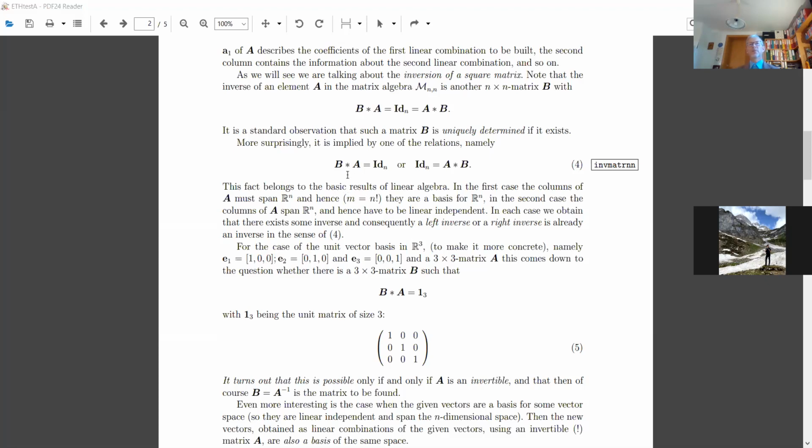So assume, for example, that B combined with A is the identity. Because you're applying B at the end, the range of B must be the same as the range of the identity operator. So it means the columns of that square matrix must be everything. Sorry, that's true, but it's not helpful. But the argument should be the matrix A has to have columns which are linearly independent.